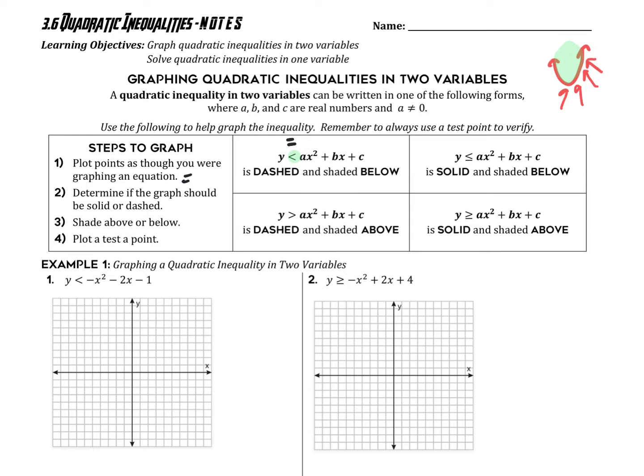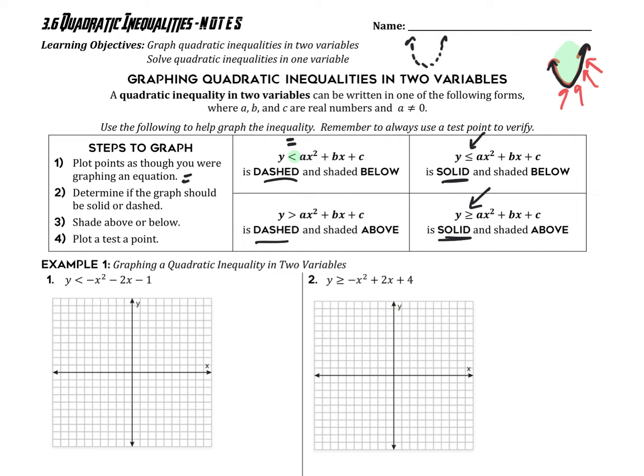So if it's an equal to, greater than or equal to, less than or equal to, our curve will be solid. So when we have that or equal to, that's when we're going to be looking at something that's solid. When we just have less than or greater than, that's when we're going to be looking at a quadratic that is dashed or dotted.